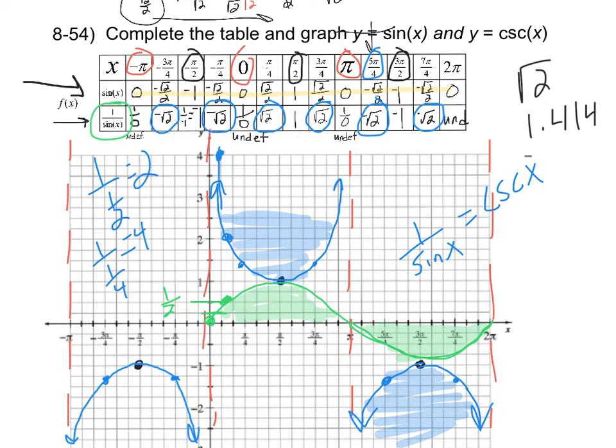So in blue, we have really graphed y equaling the cosecant of x. Here's another bucket for the sine function. That's going to create an upside down bucket for the cosecant graph.